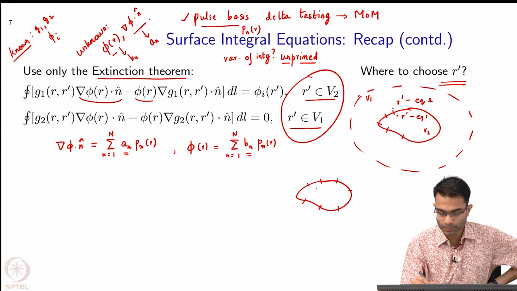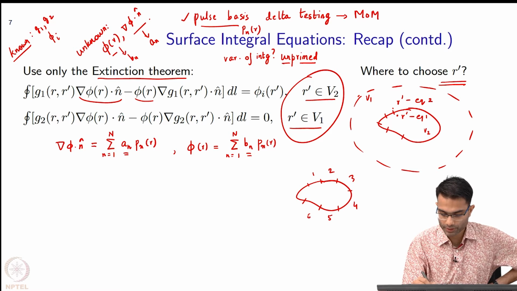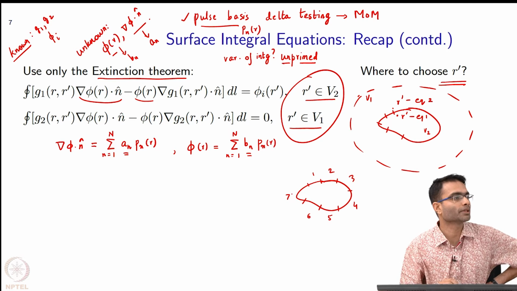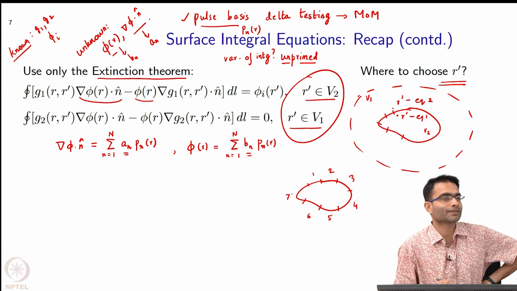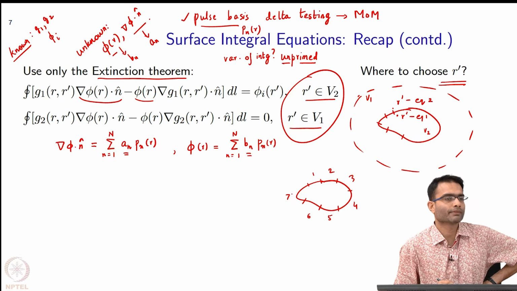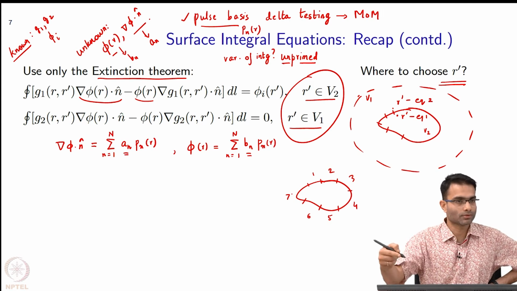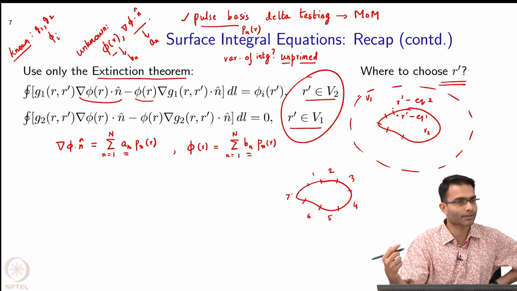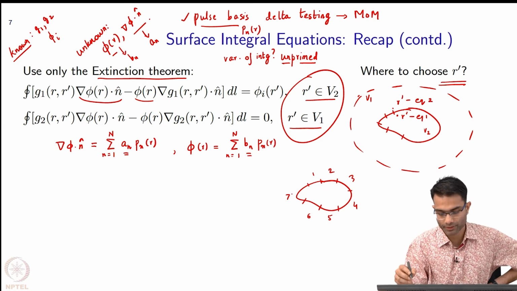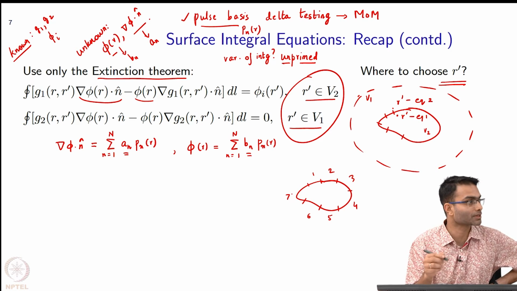How many segments are there? 1, 2, 3, 4, 5, 6, 7 segments. So how many points should I test at? 7 points, right? The first equation will give me 7 and the next will also give me another 7. So I will get all my 14 variables.